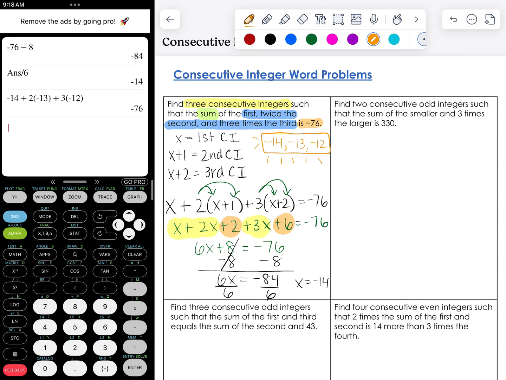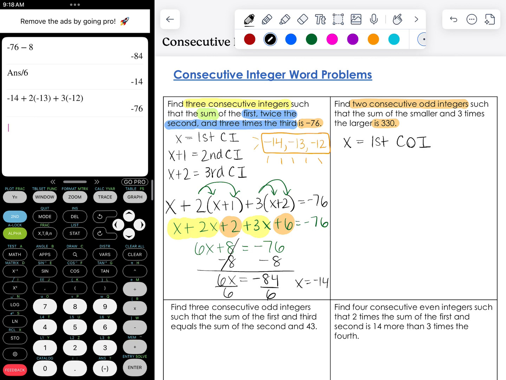All right, we look at the next one that says find 2 consecutive odd integers such that the sum of the smaller and 3 times the larger is 330. So I need 2 consecutive odd integers. X is always going to be my first consecutive odd integer, okay?